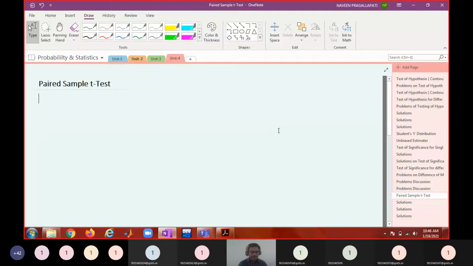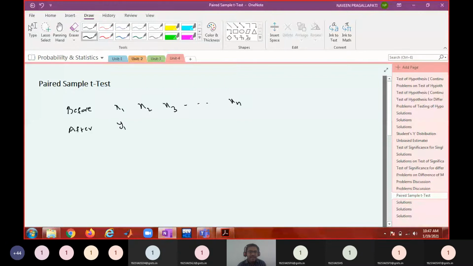Whenever you have data before a particular process, and you have collected the data after that particular process, let us say these are the values x1, x2, x3, and so on, xn, the data obtained before applying a particular process.